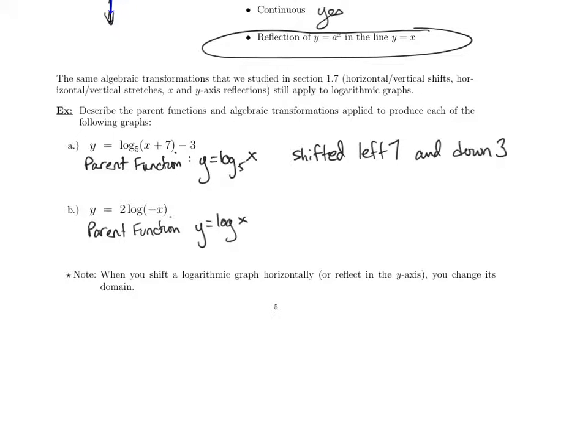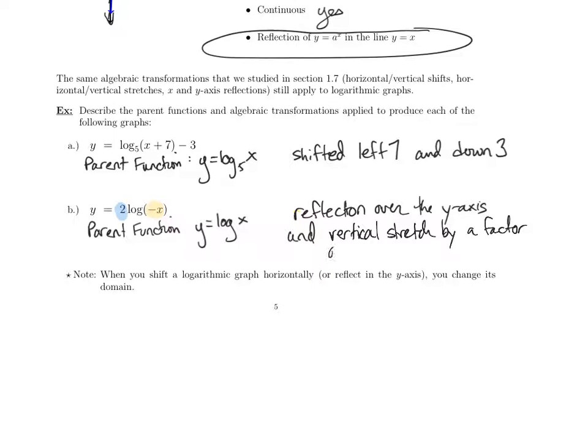And so what I do is I take this function, and this negative inside the argument indicates that I'm going to do a horizontal reflection, which means a reflection over the y-axis, and then the 2 on the outside is going to indicate that I'm doing a vertical stretch by a factor of 2.